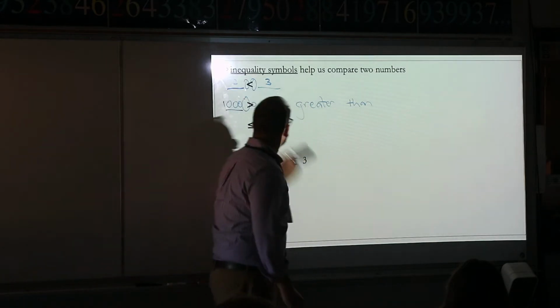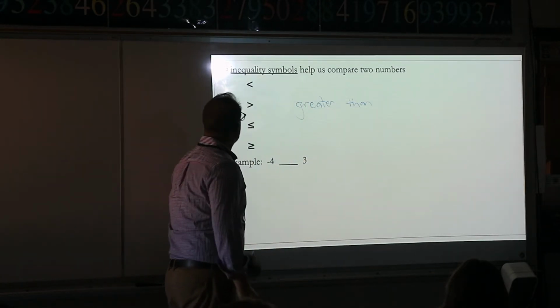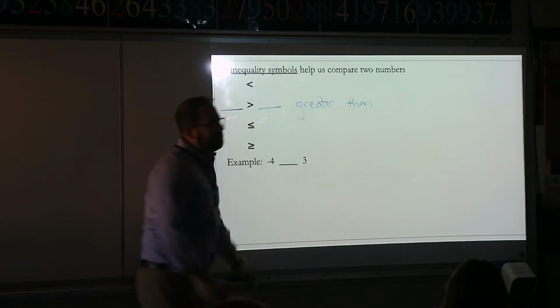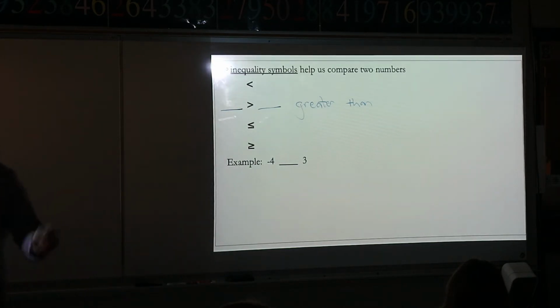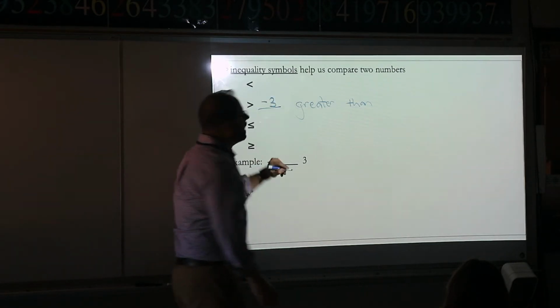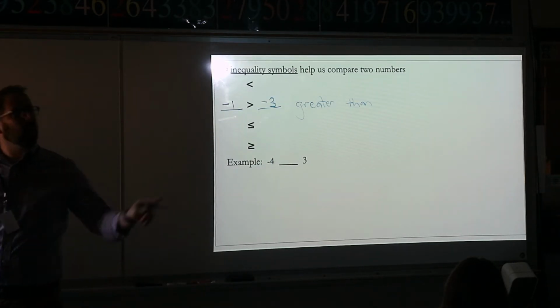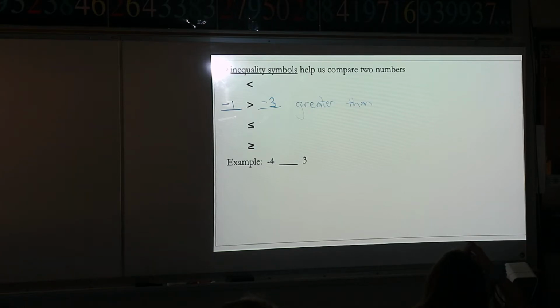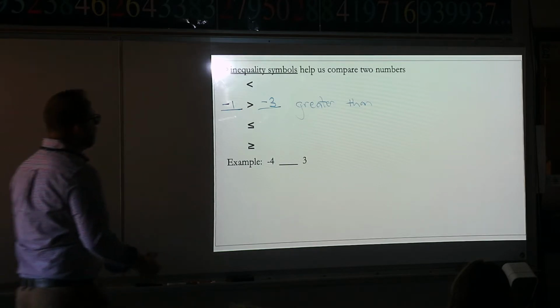I want two numbers that go in these spots, and they both have to be negative numbers. Can somebody give me two examples of negative numbers I can put in those two spots? Please. -1 and -3. Okay, -1 and -3. And you're absolutely right. That's that weird concept. -1 is technically a larger number than -3 because of where it sits on a number line.